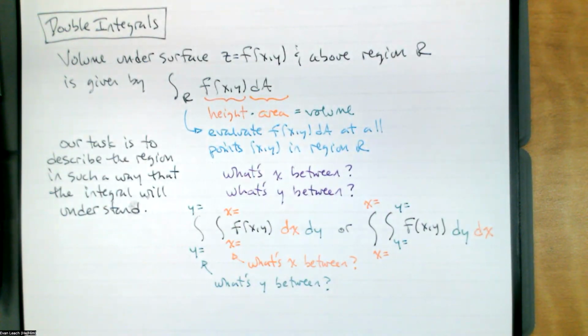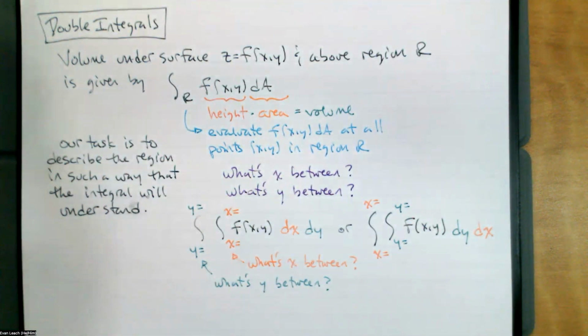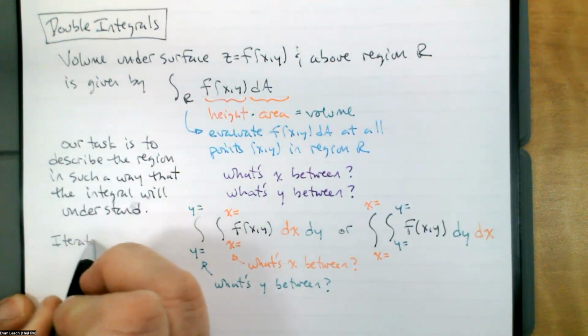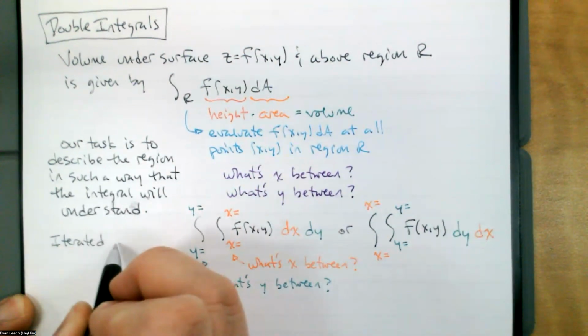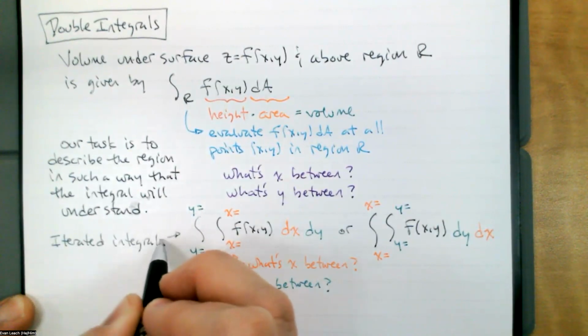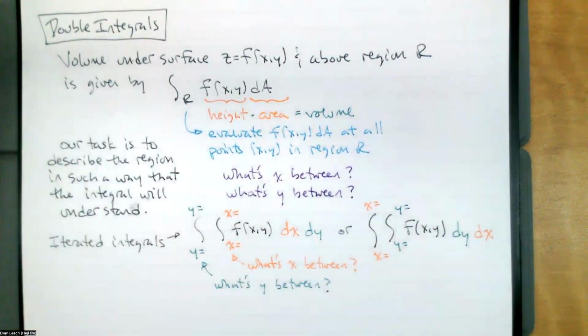The integrals that we're setting up here are referred to as iterated integrals because we can do them one piece at a time. I could do the dx part, finish that up, then do the dy part. So these are iterated integrals. This means we're going to be doing them in parts.